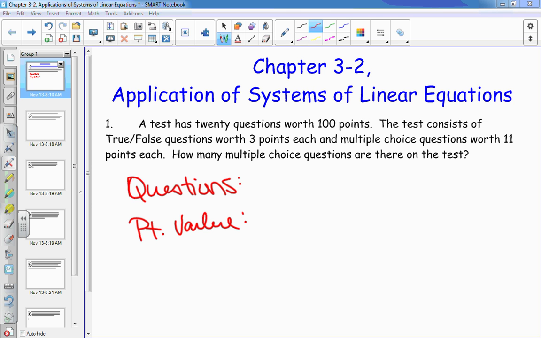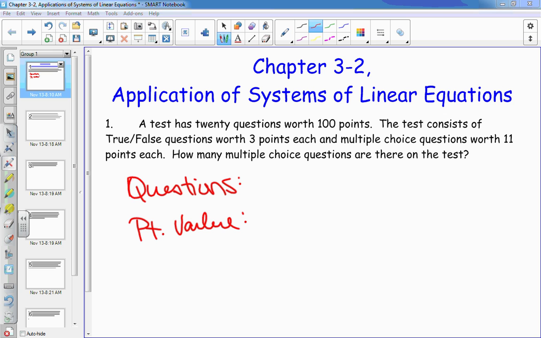Whenever I say we have to have an equation that deals with the topics of questions, I'm talking about what are the types of questions in this problem? True and false and multiple choice, right? Then whenever I say we have to come up with a point value equation, I'm talking about how much each true and false question is worth and how much each multiple choice question is worth. Does that make sense?